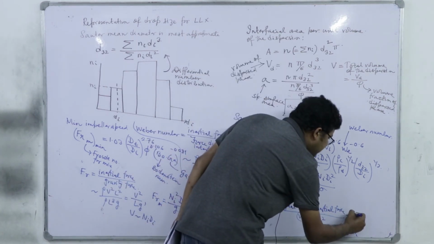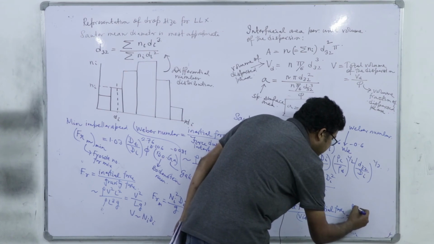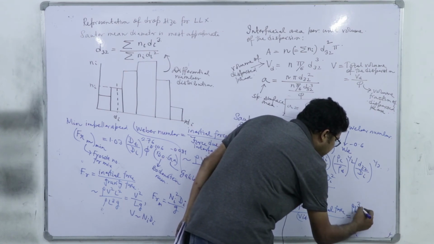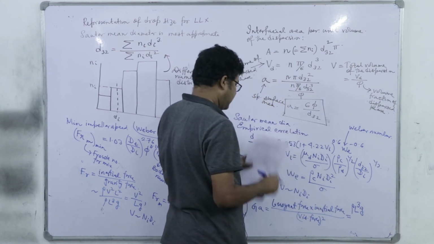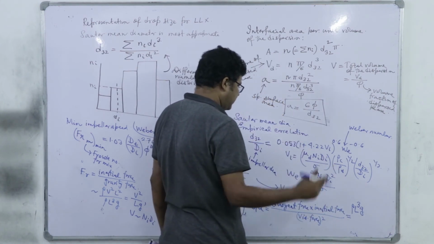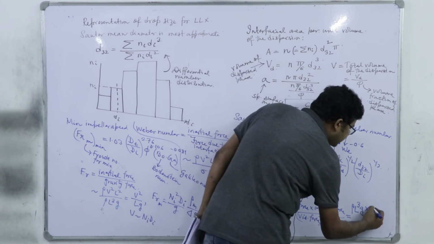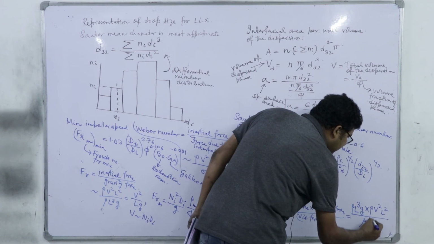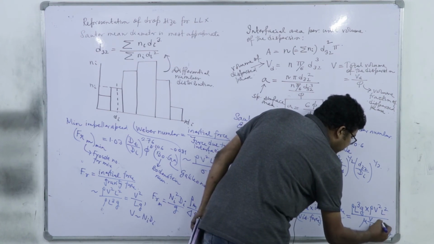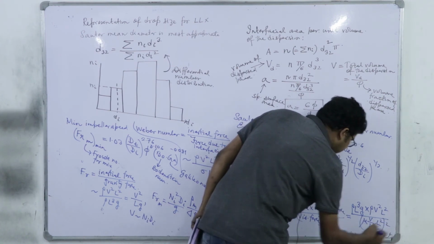Buoyancy force is rho into L cube into G. Inertial force is rho V square L square, divided by mu V by L into L square, whole square.